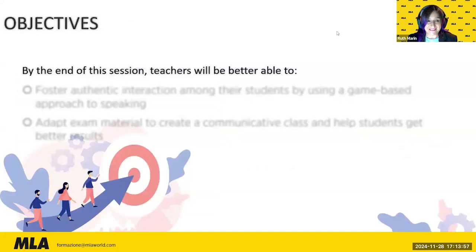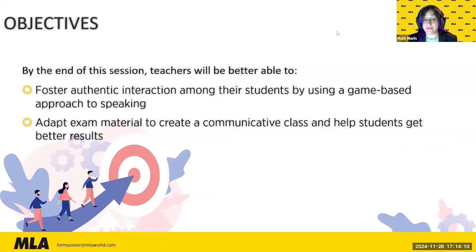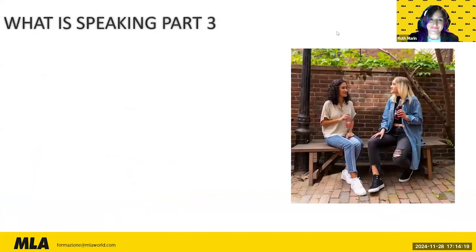By the end of this session, teachers will be better able to foster authentic interaction among students by using a game-based approach to speaking. And also, we hope that you will be able to adapt exam material to create a communicative class and to help students get better results.